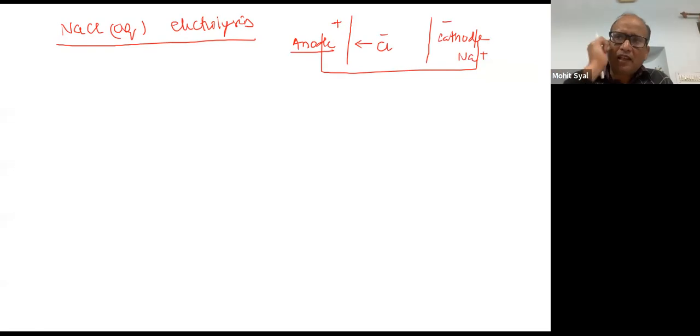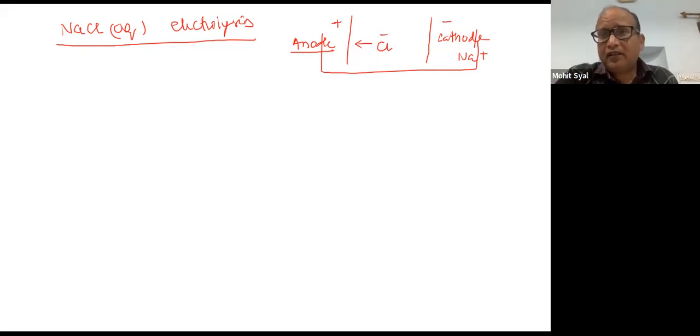But Na+ will not go and take an electron, because sodium, atomic number 11, has released one electron and become Na+. Na+ is quite stable because it has a noble gas configuration, so it will not react and become unstable again by accepting an electron.